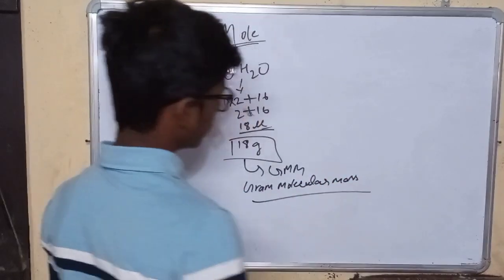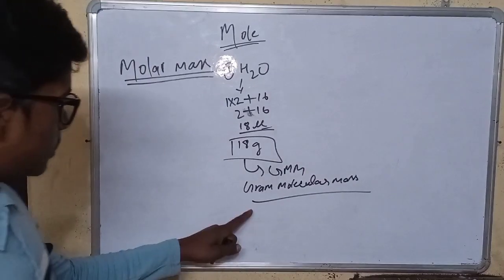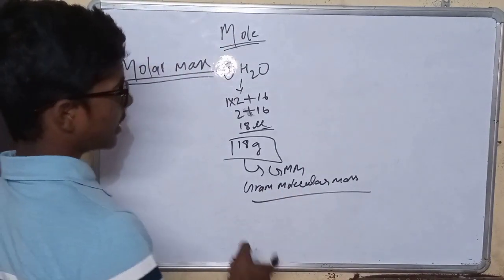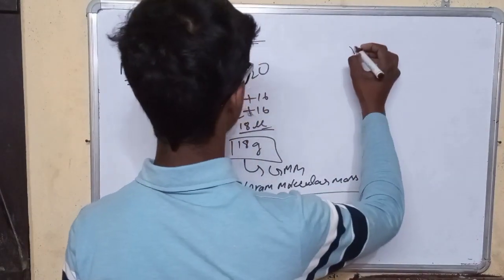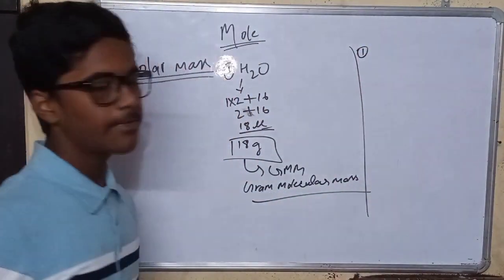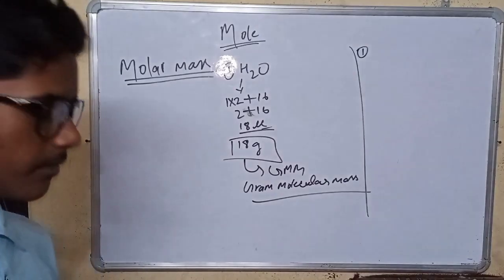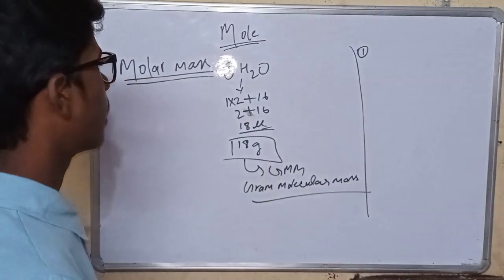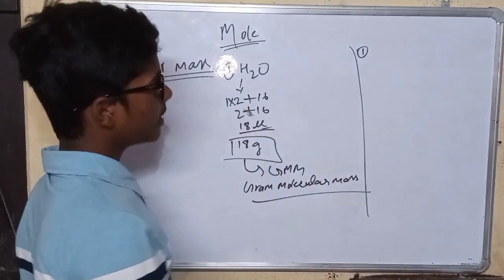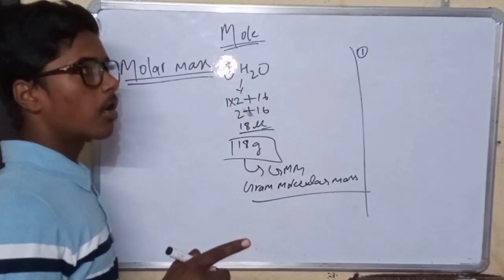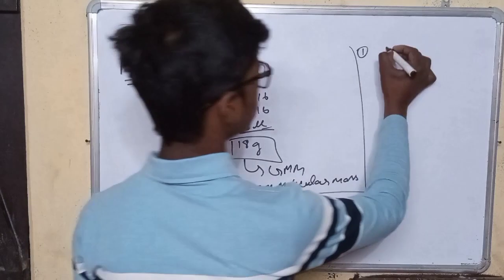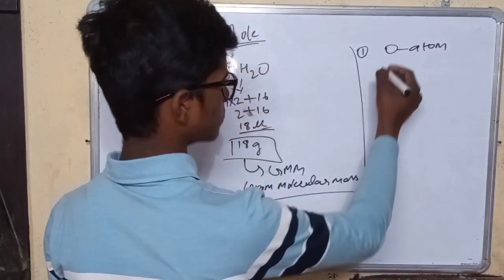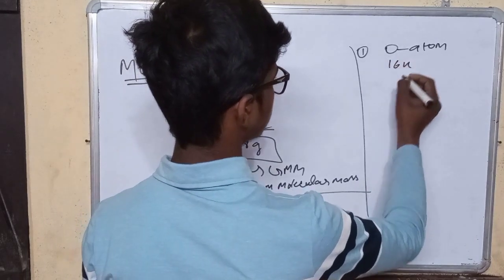Now one thing, there is also gram atomic mass, which is used when we find the molar mass of an atom. Now we find the molar mass of only an oxygen atom. We know the oxygen atom's mass is 16 u.